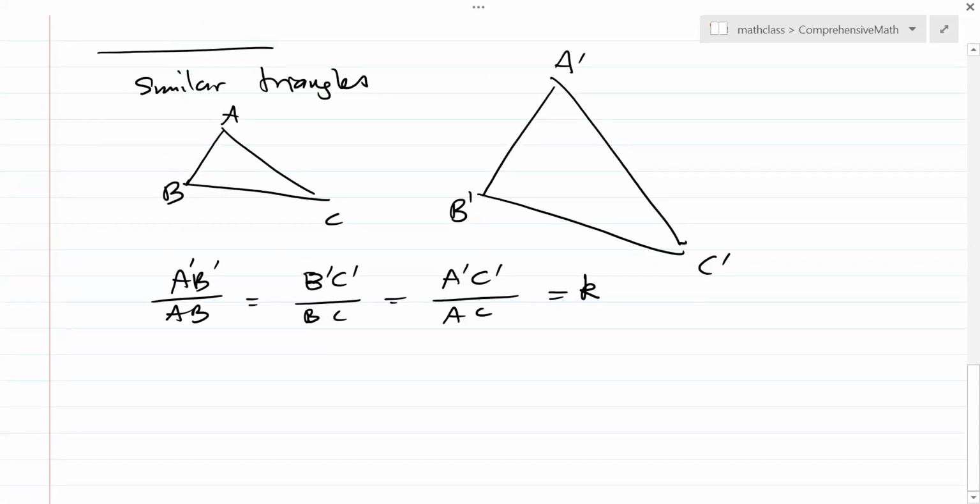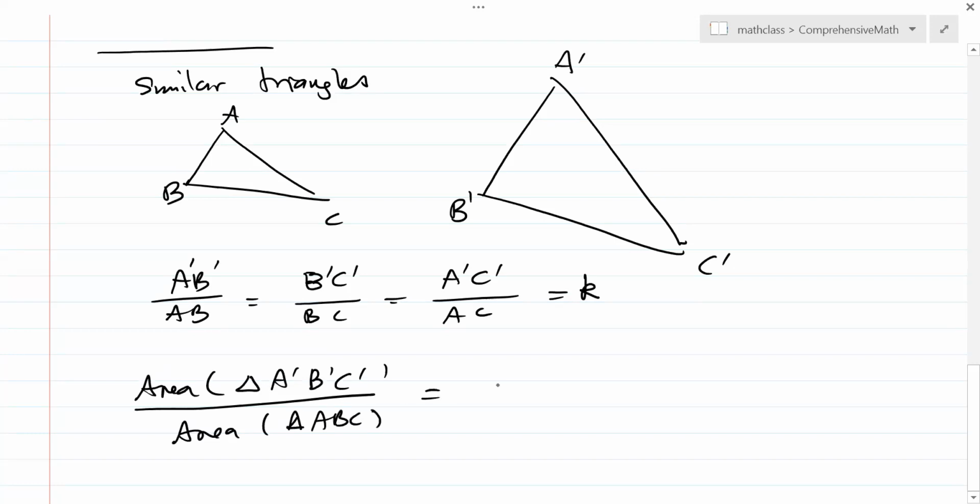They're all the same. What we should know is the ratio of the area of the triangles, A prime B prime C prime over triangle ABC, is going to be K squared, because area is always squared, you know. Why is this true?